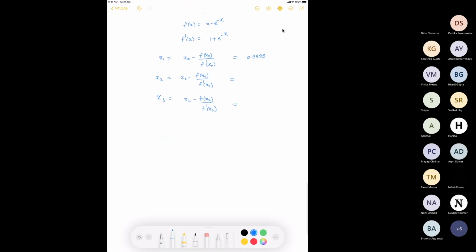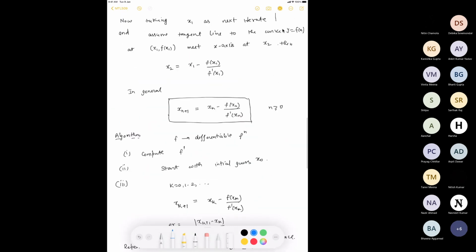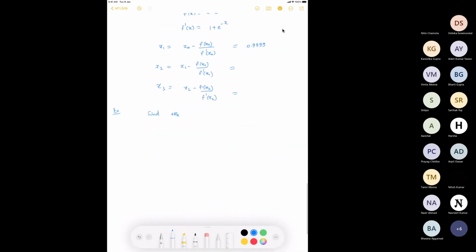So I'll give you one exercise here. You have to find the iterative formula using the Newton-Raphson method to compute the reciprocal of a natural number, say n.